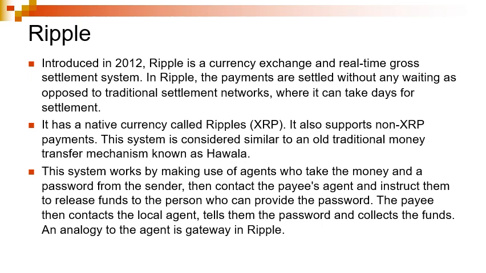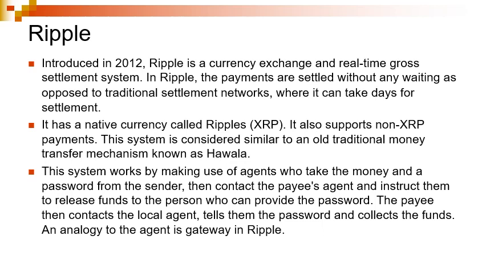The traditional Hawala system works by making use of agents, and these agents are called gateways in Ripple. The analogy or alternate word to agents in Ripple is gateway. The Hawala system works by making use of agents who take the money and password from the sender, and then contact the payee's agent and instruct them to release the funds to the person who can provide the password.